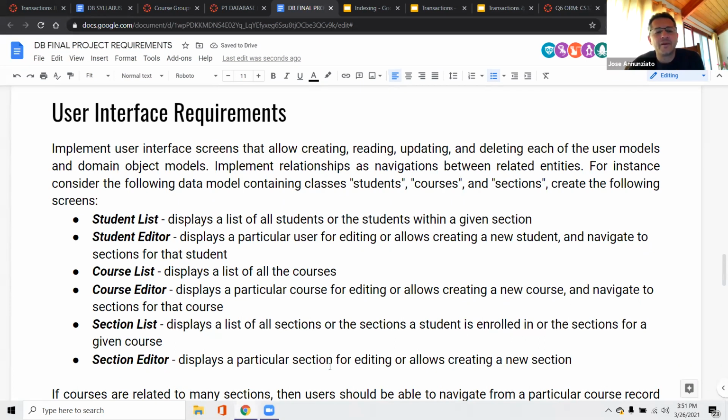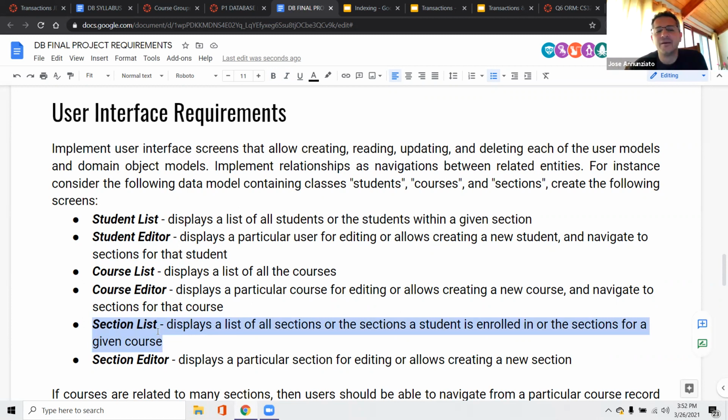Section list displays a list of all the sections, or the sections a student is enrolled in, or the sections for a given course. Because from a student, I can go to the list of sections for that student, or from a course, I can go to the sections for that course. So there's two ways of going here.